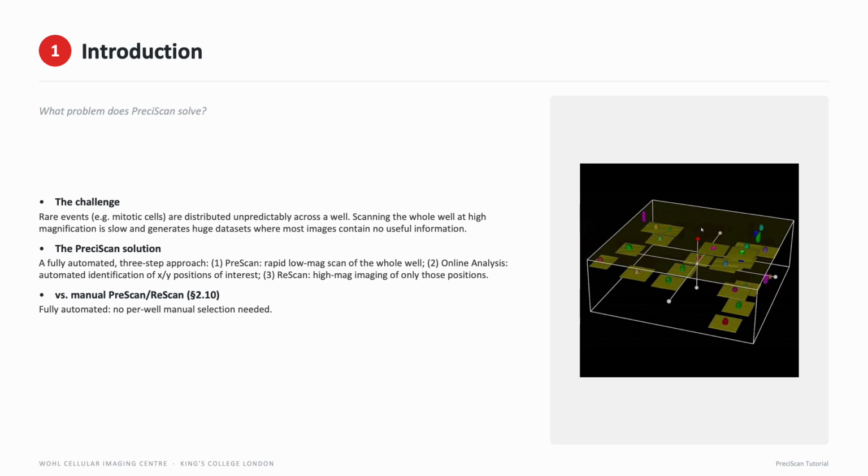Then an analysis sequence runs to identify the regions containing those rare events, and those regions are marked and then re-imaged at a higher magnification. And all of this happens as one fully automated process, completely hands-off.